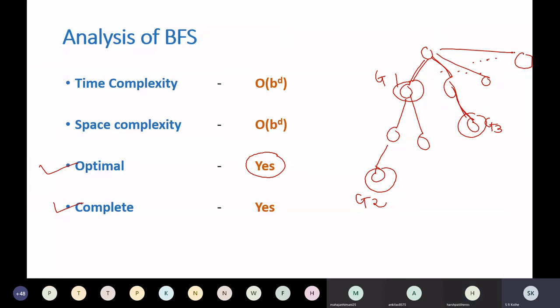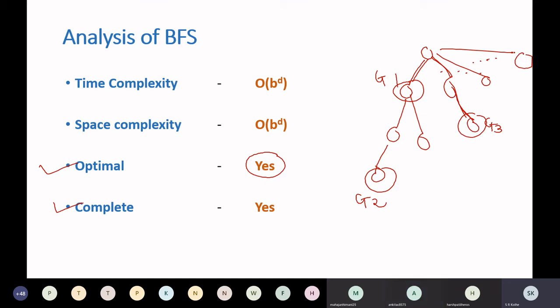What will decide that in a search tree? What will decide that one particular node will have that many children? Rules. Right, rules. Correct.